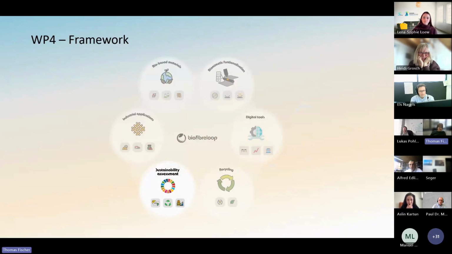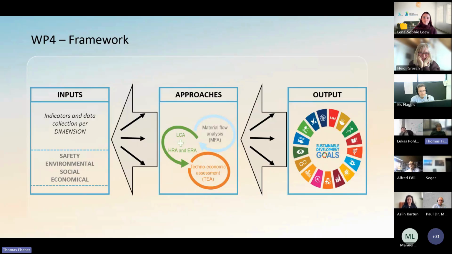And then the sustainability assessment. As you all know, the European Commission asks for full sustainability frameworks. We started on the right side from the sustainability development goals. We had different approaches, material flow analysis, traditional LCA, techno-economic assessment. And then we really do tests now in the laboratories, in the factories.